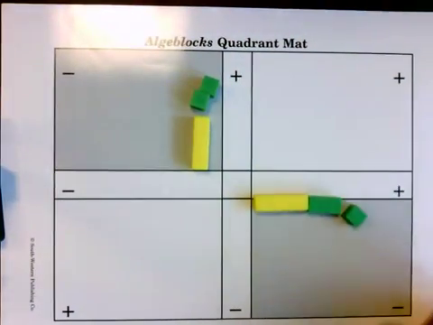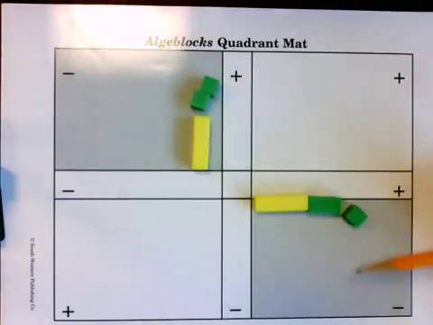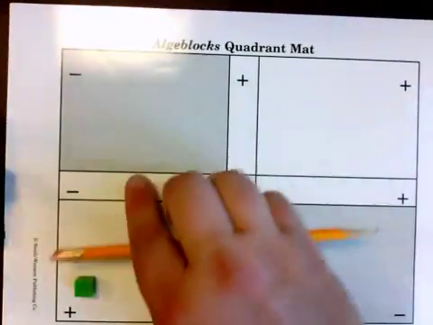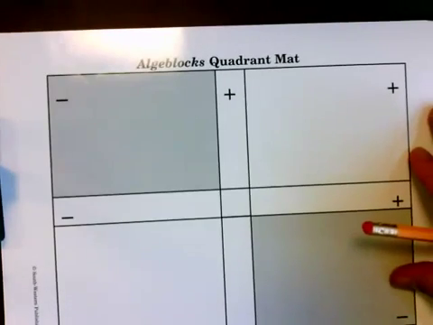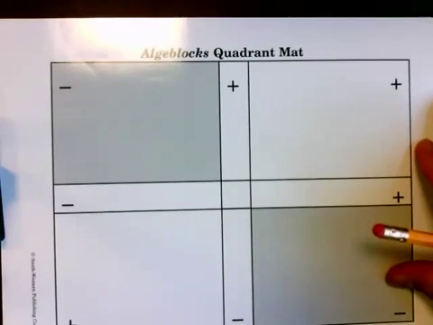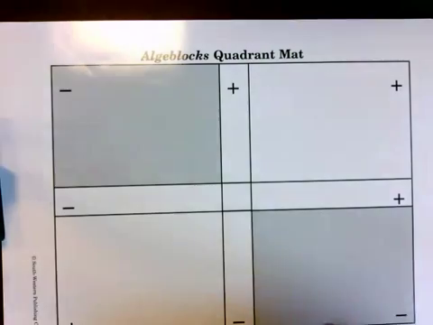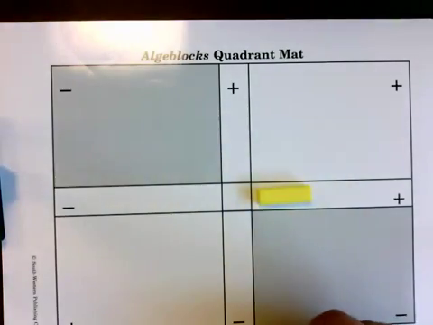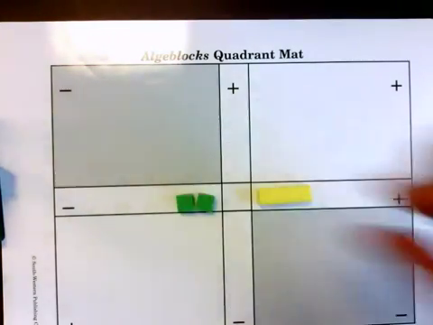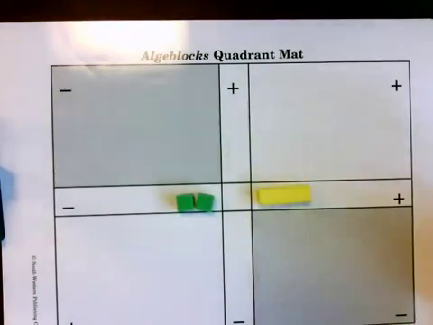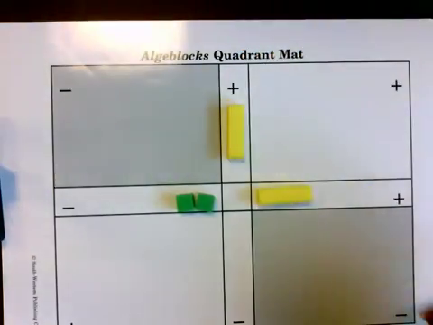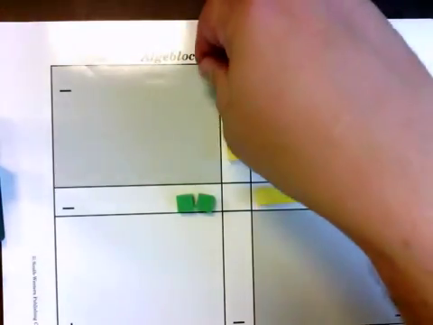Now this mat is set up with positive and negative quadrants. Unlike the algebra tiles, which use different colors to denote positives and negatives, it uses quadrants. So let us look at a quick problem of x minus 2 times x plus 2.